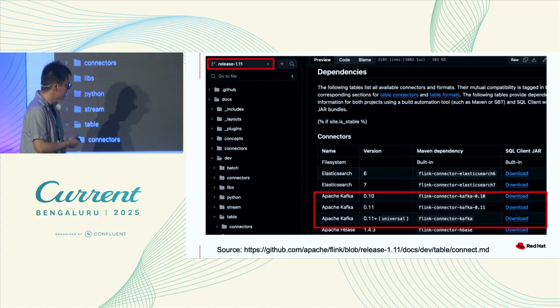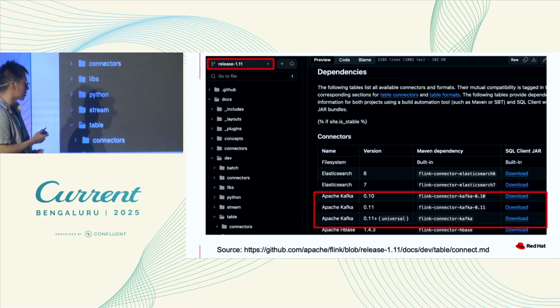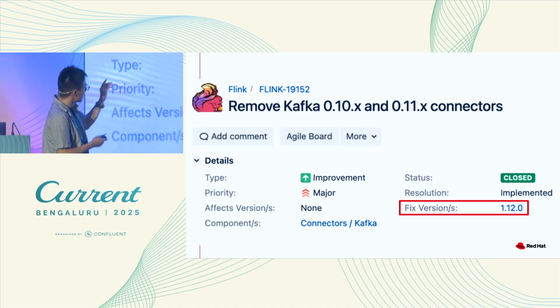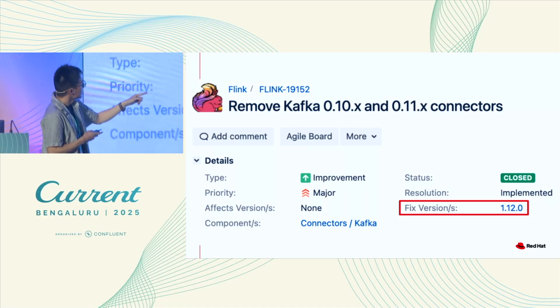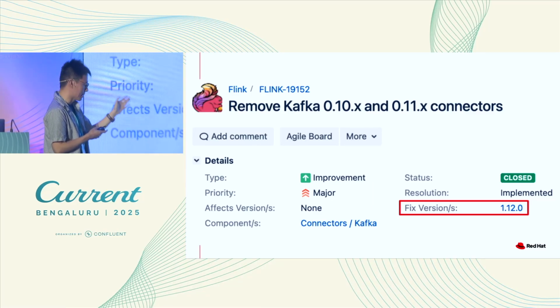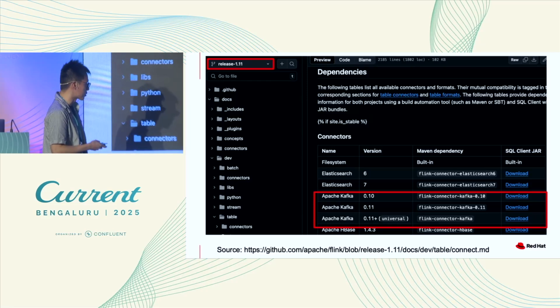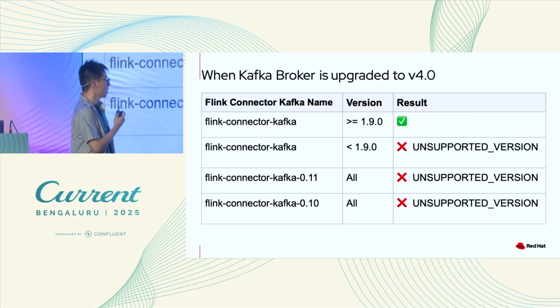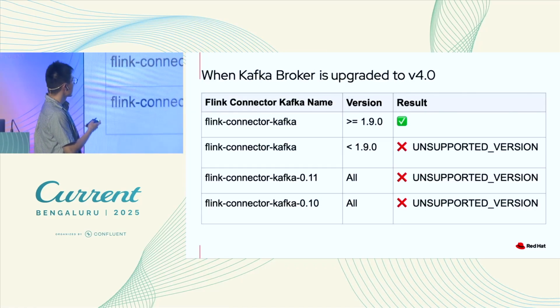So what does that mean to Flink users? Okay, sorry. After 1.12, it finally dropped the support of the old connectors and only released the latest version of the Flink connector Kafka. So what does that mean to Flink users? This is the table you need to keep in mind.